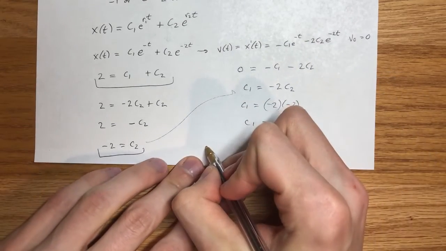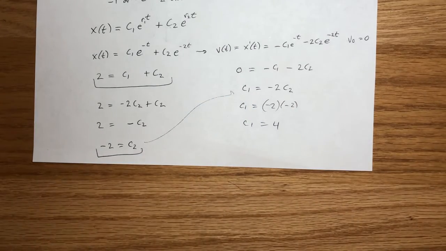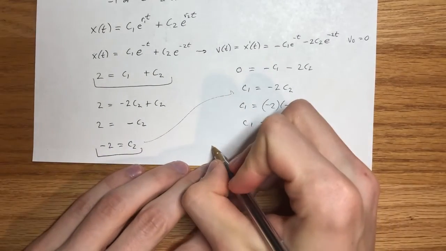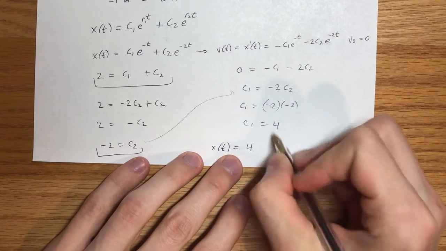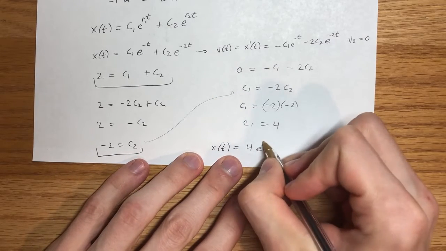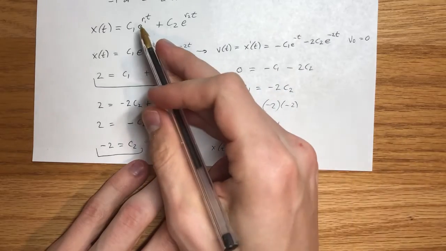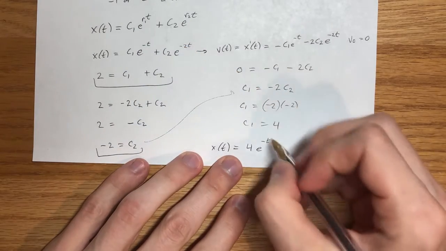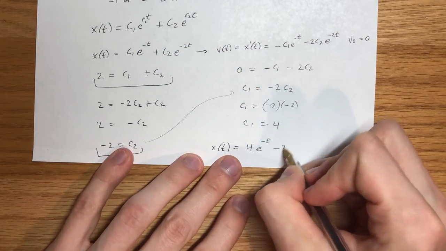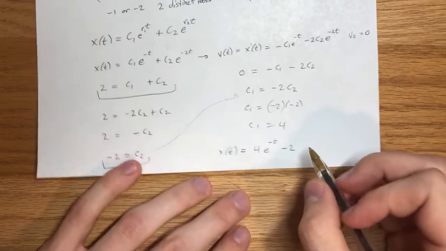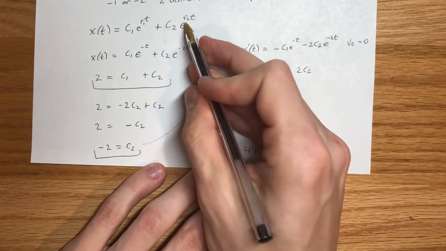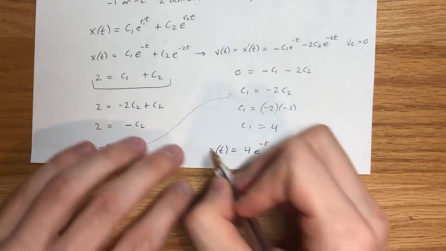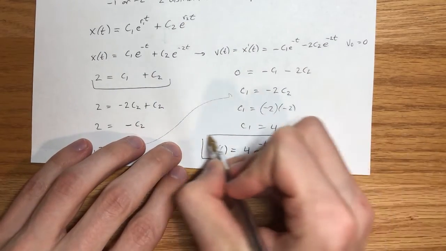And therefore our spring mass equation will be x of t is equal to 4 for our c1, e to the negative t, because remember that was our first root. And then we want to do minus 2, because that's our c2. And then we'll have e to the negative 2t, because that was our second root. And that is the general solution to this equation.